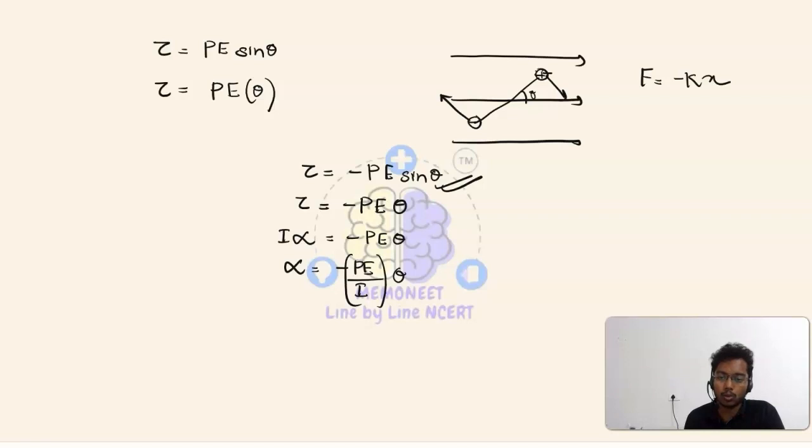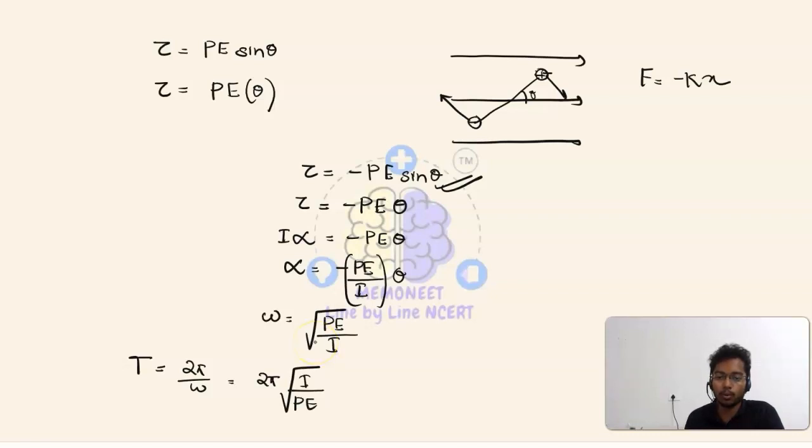So this is omega square, and the value of omega is equal to the square root of pE upon I. We know that the time period is 2 pi upon omega, so it is equal to 2 pi square root of I upon pE.